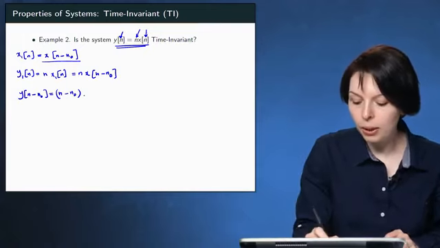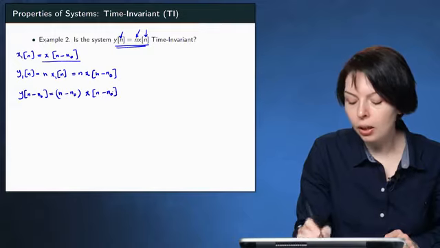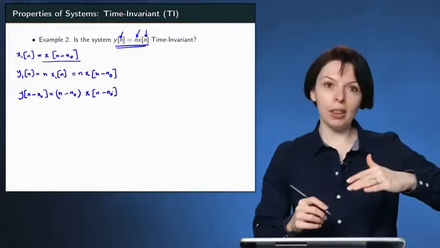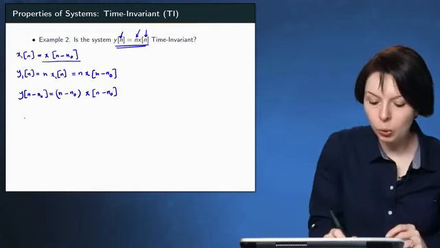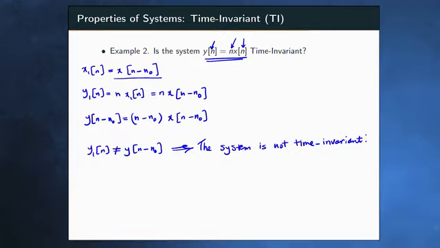All right, that's going to be n minus n naught multiplied by x of n minus n naught. All right, comparing y1 of n and y of n minus n naught, I can see that they are not equal. As the last step, I can see that y1 of n is not equal to y of n minus n naught. As a result, the system is not time invariant.